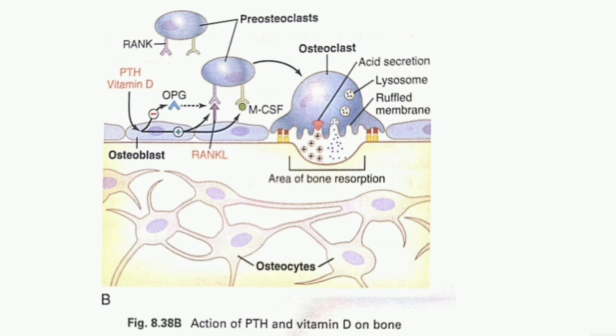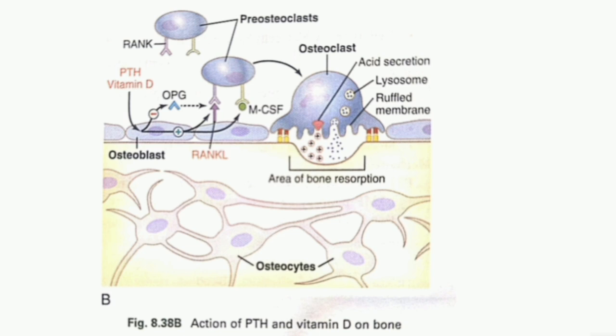This slide shows the action of parathyroid hormone and vitamin D on the bone, causing resorption of the bone, adding calcium to the blood serum. So here parathyroid hormone and vitamin D act over the osteoclast, and they cause bone resorption.